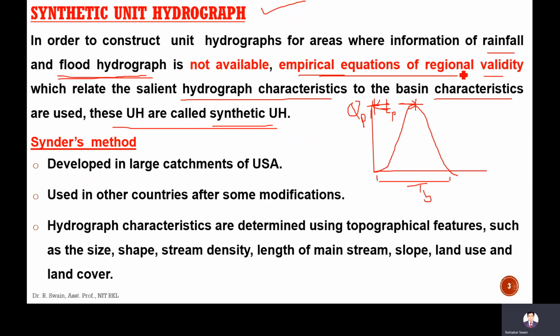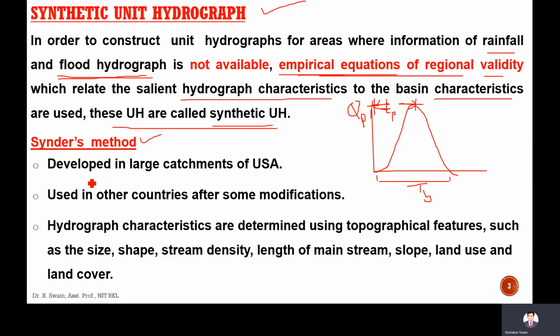The equations developed for different regions may be different, as they have regional validity. In other regions where empirical equations are not developed, these equations can also be used by modifying them a little. There are different methods, but we will discuss only one method, that is Snyder's method, which is widely used worldwide.